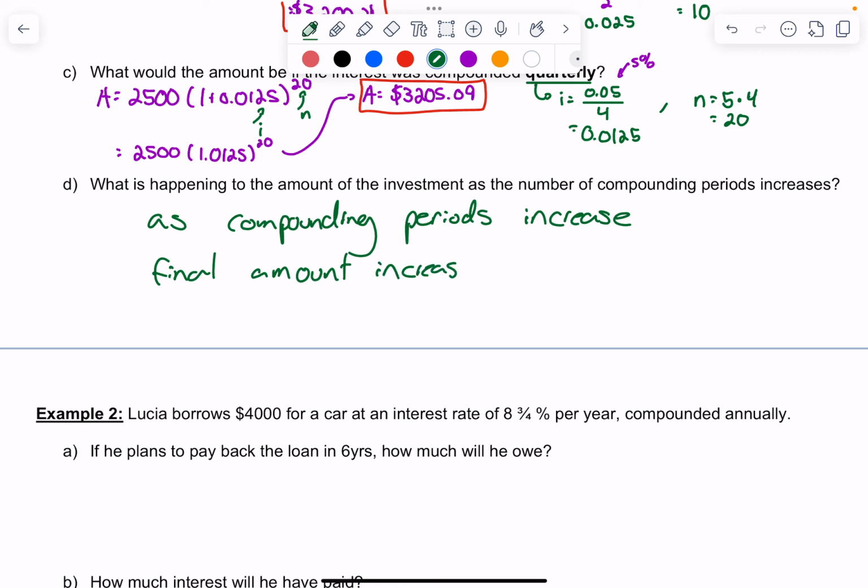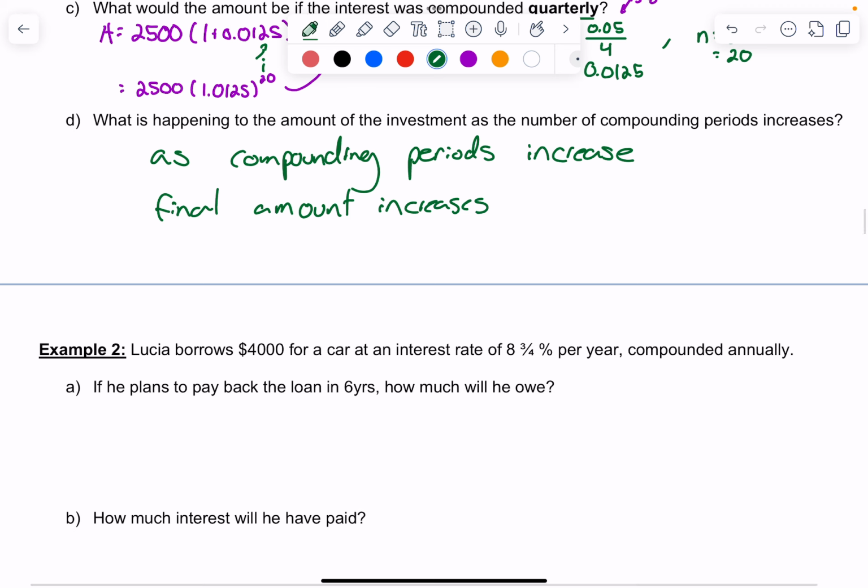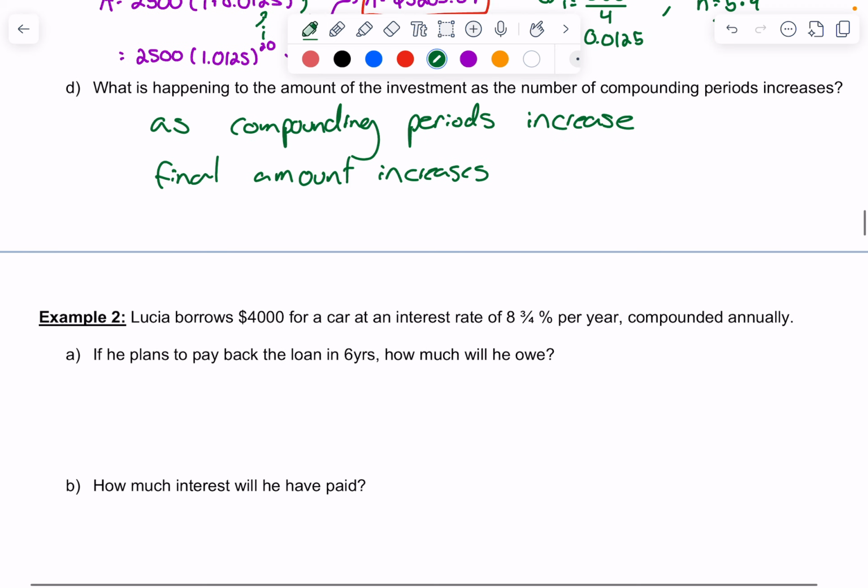And essentially using my snowball analogy, right? You have the snowball rolling down a hill. Essentially, when you increase the amount of compounding periods, it just increases the amount of time that you're packing snow onto that snowball. So if more snow is going on the snowball, like more times you're packing snow on it, well then that snowball is gonna be bigger because you're putting more snow on it each time, right? So as compounding periods increase, final amount increases. Right? There's this direct relationship between the two.